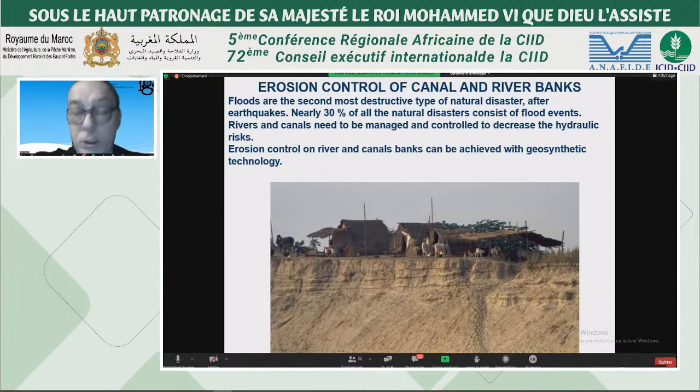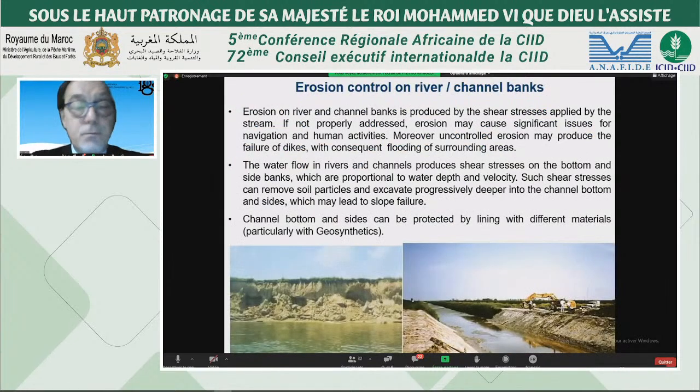Donc, les rivières et les canaux doivent être gérés pour contrôler ce type de risque. L'érosion sur les rives est produite par les stress appliqués par le passage de l'eau. Et s'il n'est pas attaqué de manière efficace, il peut affecter les activités humaines.